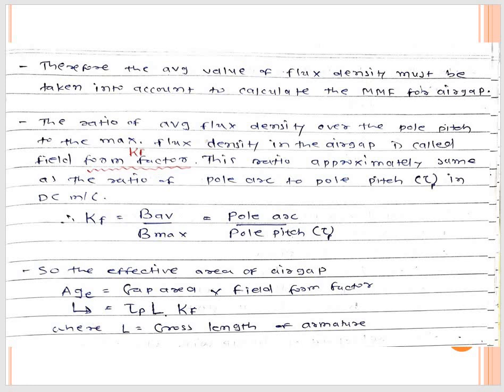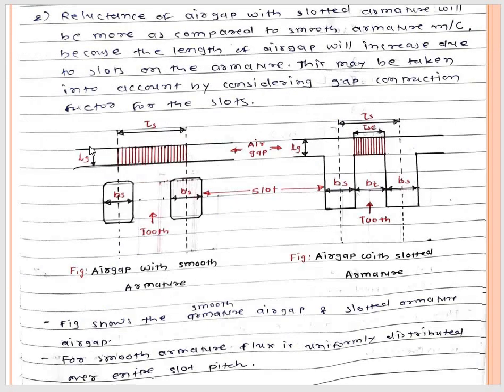And it is given by tau p, pole pitch, multiplied by L, into Kf, where Kf is our field form factor, and L is the gross length of the armature.